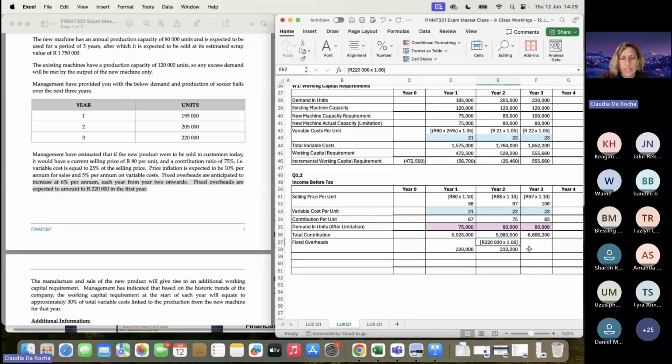And then we know here it's going to be the 233,200 increasing by 6% because inflation increases each year.